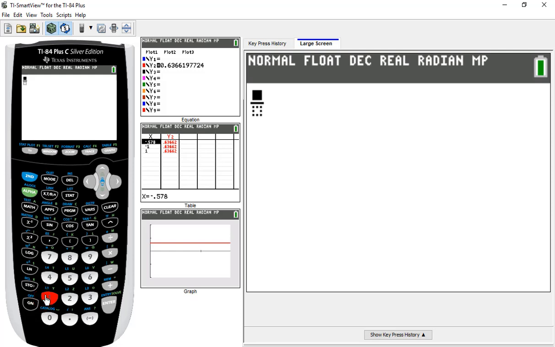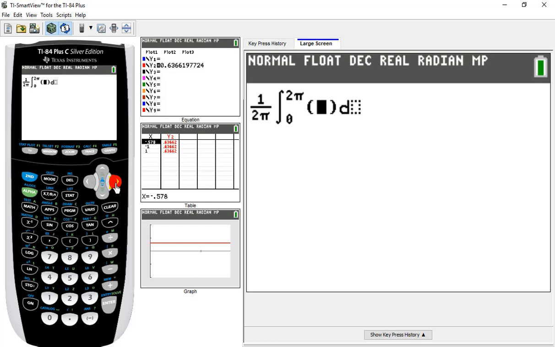Try this again. Hit the wrong buttons and you lose everything. 2 pi. Math 9. 0 to 2 pi. Painfully slow when you're trying to type this in on the computer here.